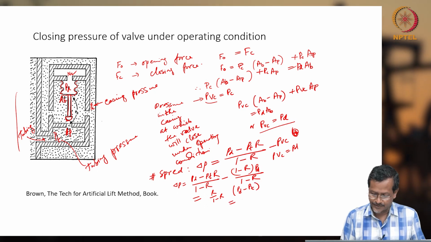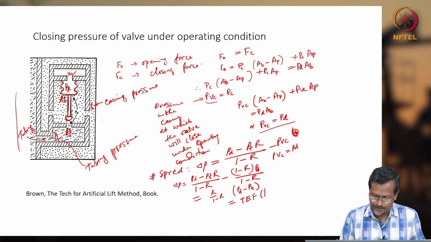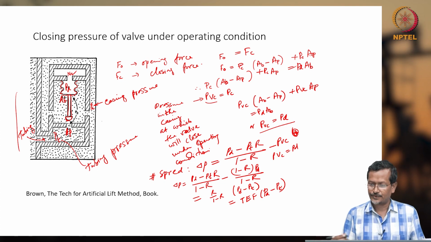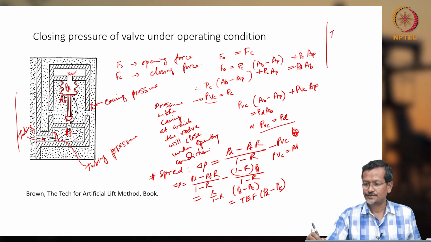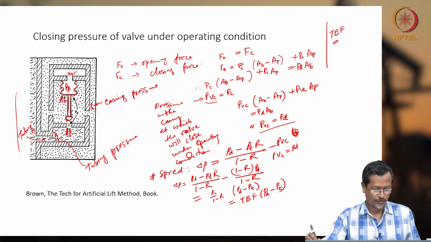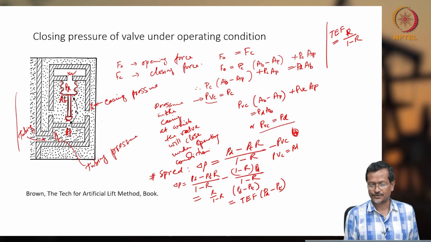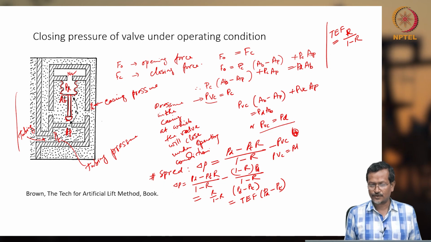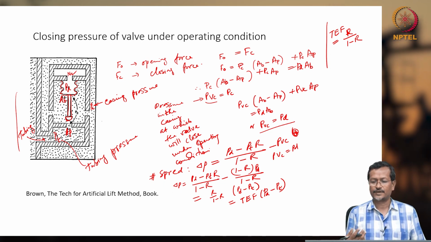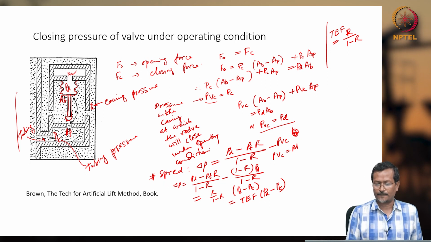This R/(1 minus R) is actually the TEF, so del P equals TEF times (PD minus PT). In a previous lecture you can see TEF equals R/(1 minus R). Using this we can solve problems: if we give certain parameters, you can find the other parameters based on this formula.